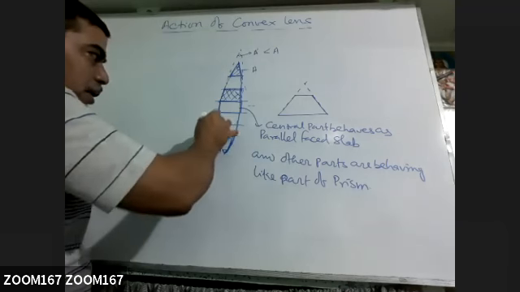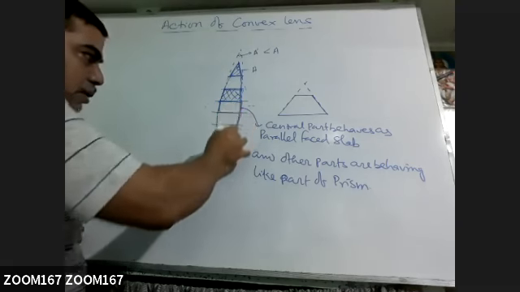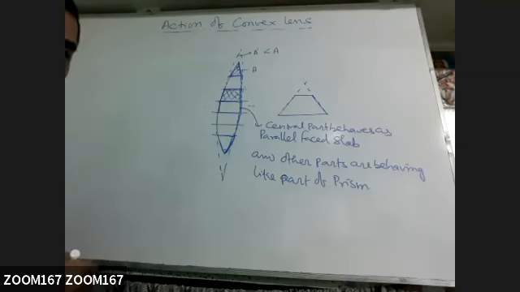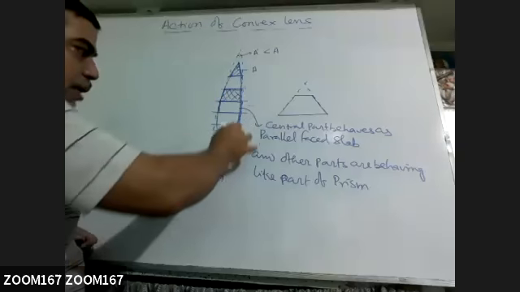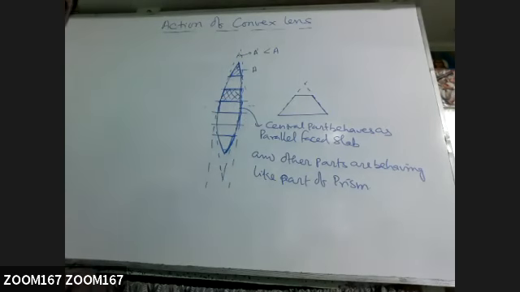If you consider another one, like this, with less angle, this one will become a parallel, straight line, zero angle.